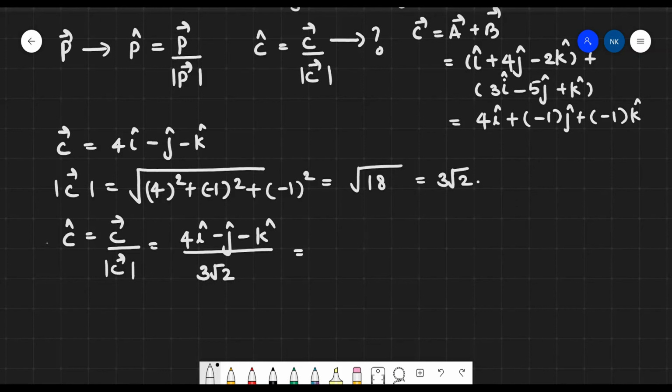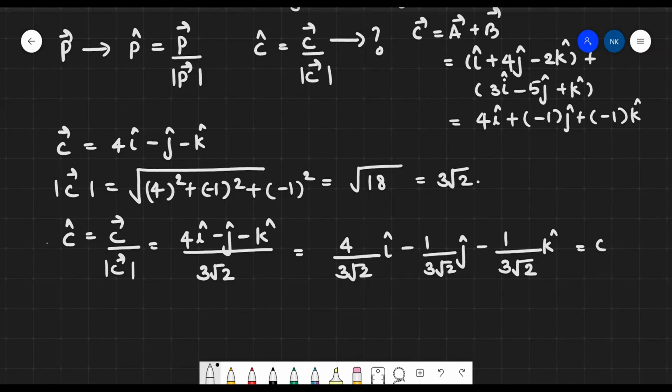This is 4 by 3 under root 2 times i cap minus 1 upon 3 under root 2 j cap minus 1 upon 3 under root 2 k cap, and this gives the unit vector. All right.